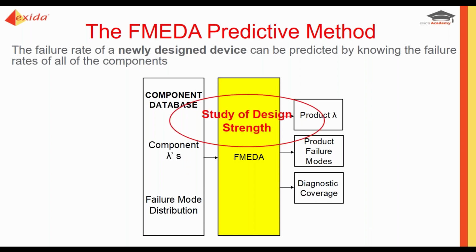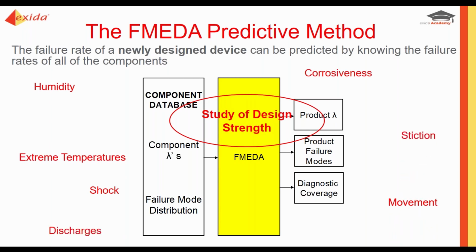So an FMEDA is a study of the strength of the design compared to every single stress that we can think of throwing at it. Whether it is from the process itself, from the environment, or from the application, we take all of that into consideration and ask whether the device can still do its job if needed.